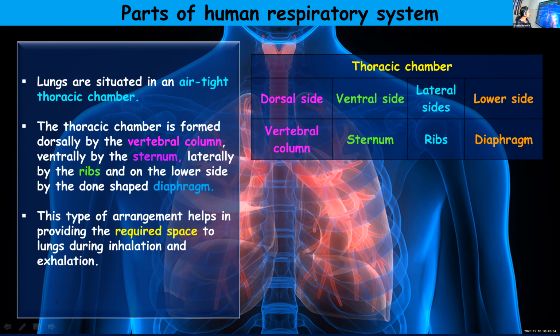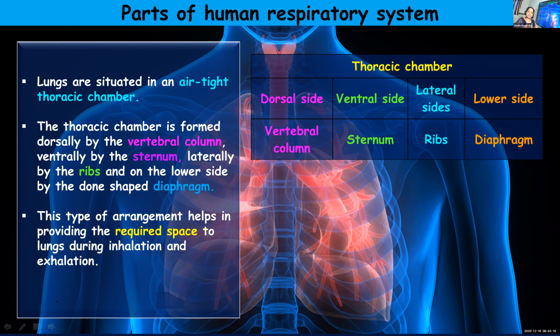So the lungs are situated in an airtight thoracic chamber. This particular chamber is formed on the dorsal side by the vertebral column, on the ventral side by the sternum, laterally by the ribs, and on the lower side by the diaphragm. Once again, I'll repeat. If you just think, you will get it; you don't have to learn it by heart.